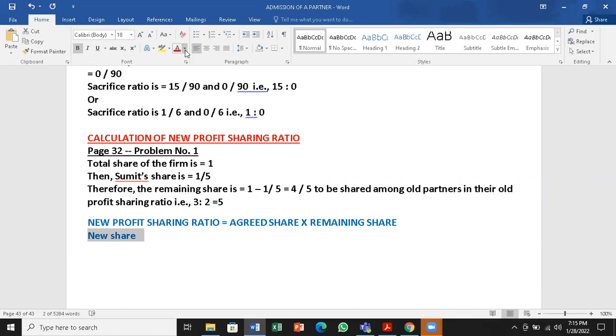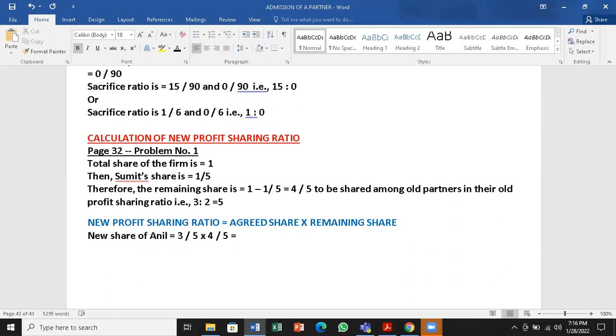So here, new share of Anil is equal to agreed share 3/5 into remaining share 4/5. So multiply numerator into numerator, denominator into denominator.